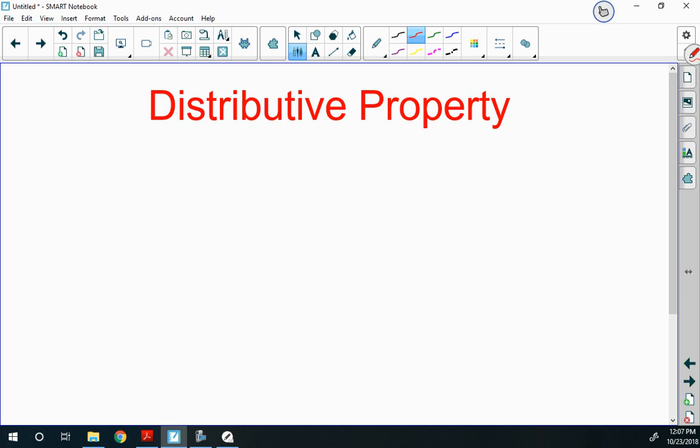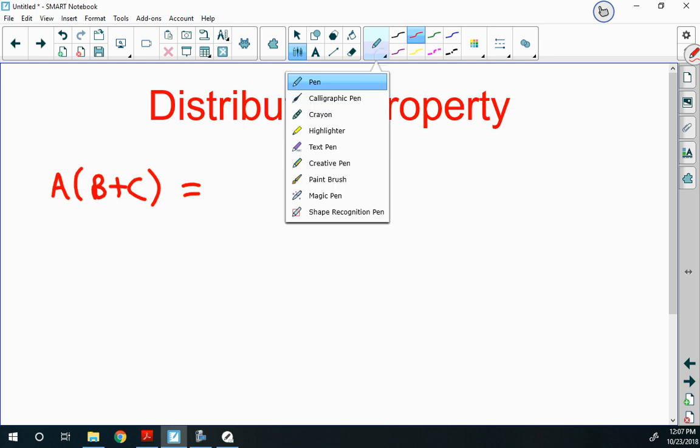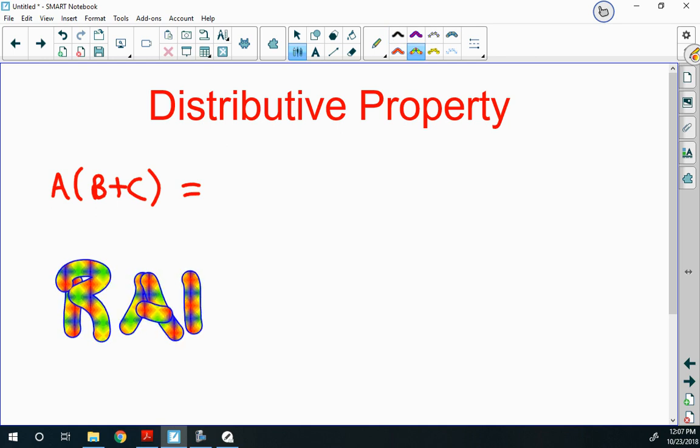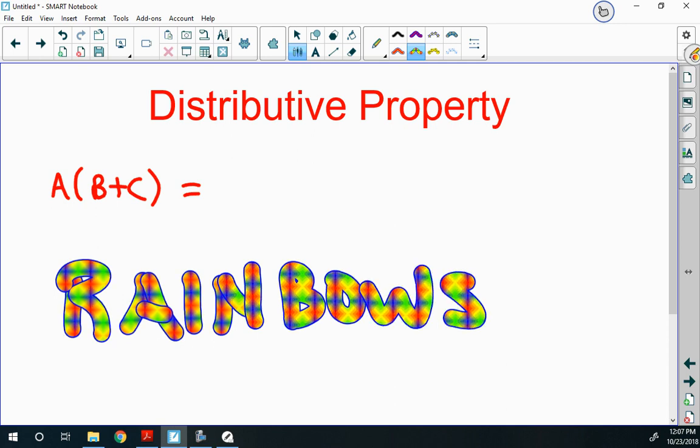The distributive property, of course, if you didn't know, says A times the quantity B plus C is equal to something. Some people like to think of rainbows with this, and some people actually draw out rainbows, you know, Roy G. Biv.